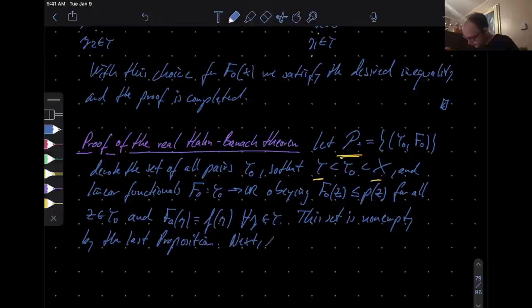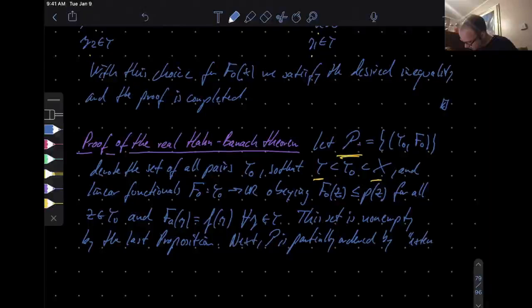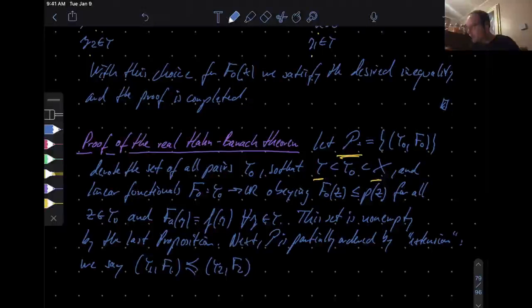Next, P is partially ordered by what I will call extension. What does that mean? Well, we have these two pairs, y1, f1, and they are related to y2, f2.